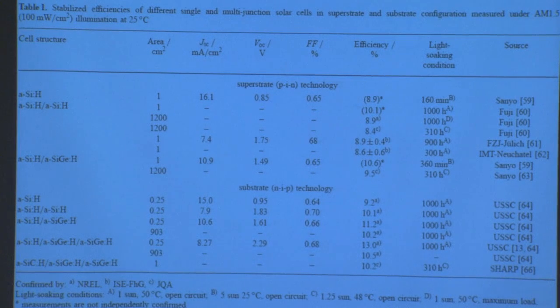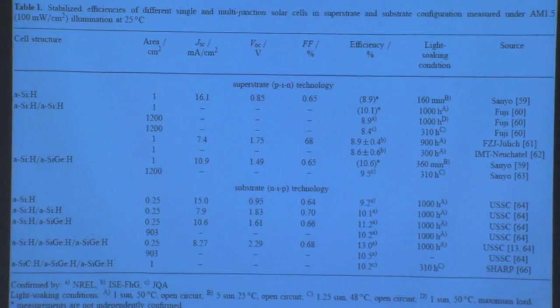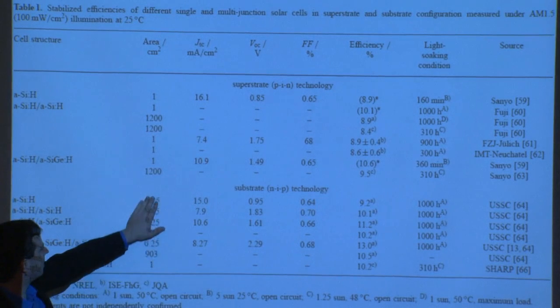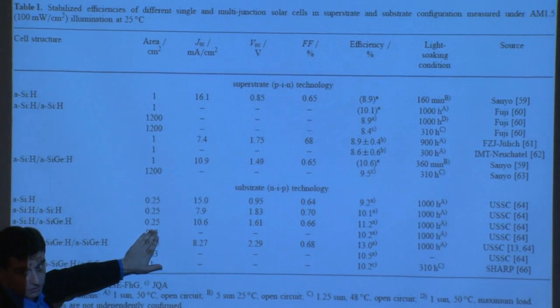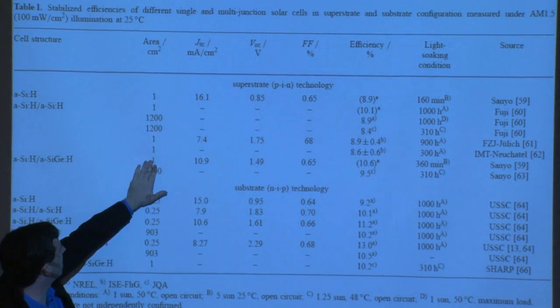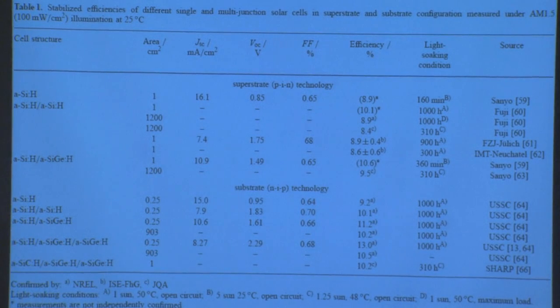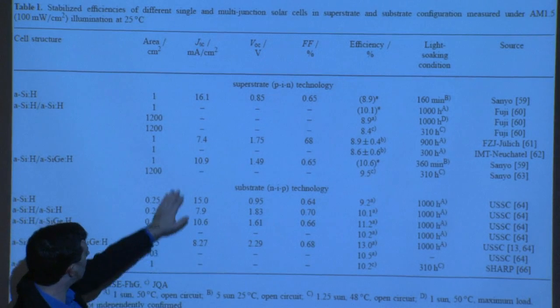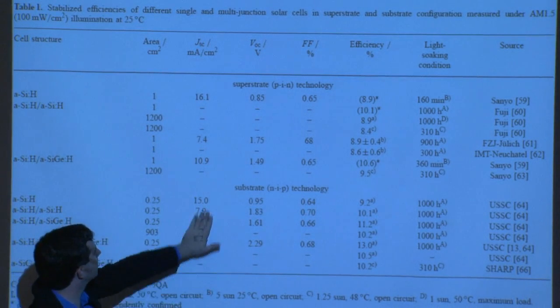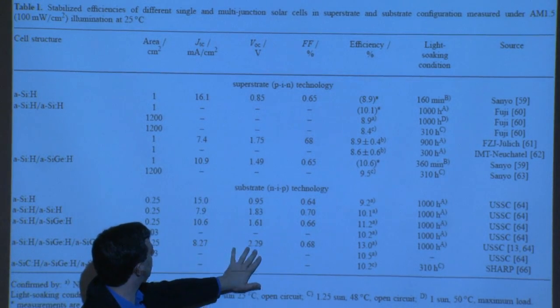But depending on the texturization of the surface, you still get light trapping and essentially a larger active area than what is actually being shaded off. So I would caution you against overinterpreting these very small area measurements. 1 centimeter squared or larger, you're typically in a regime where the results are more believable. The JSCs shown here, VOCs shown here.